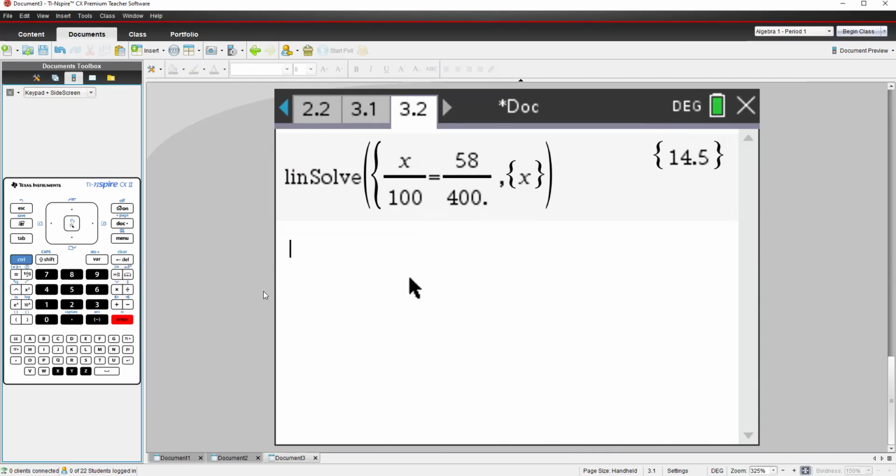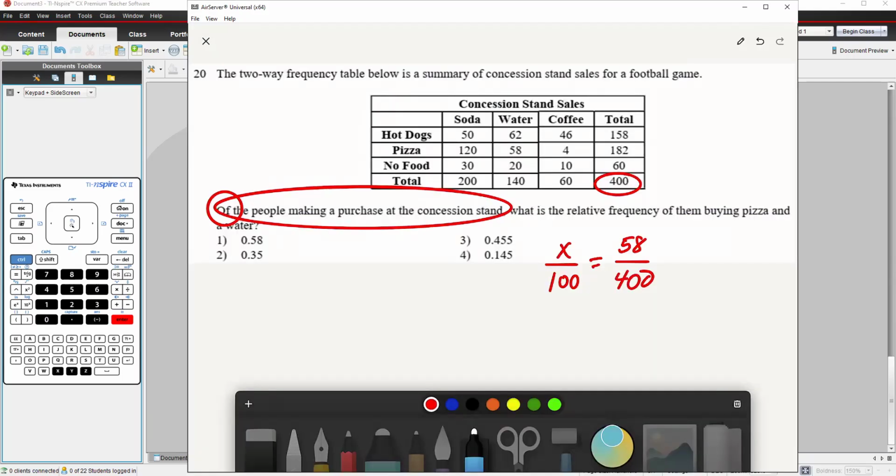Now, if you look at your answer choices, this is the answer. That's 14.5. It's just saying 0.145. We usually go 14.5%, but if you write this as just a decimal, that would be 0.145. So these are the same thing, okay?